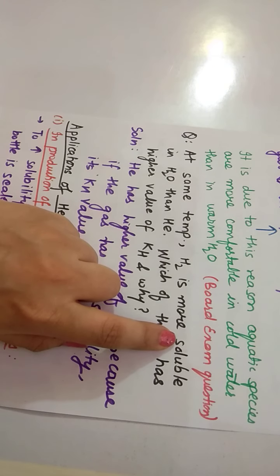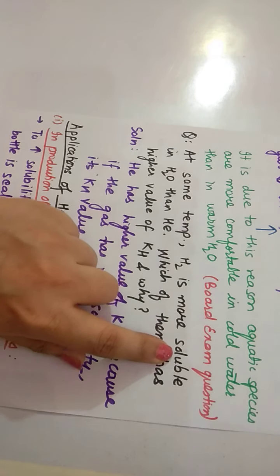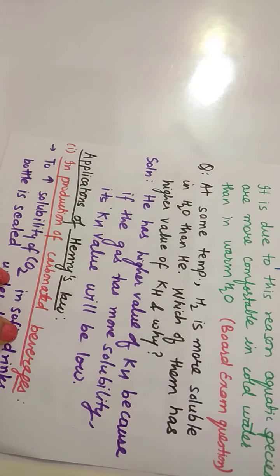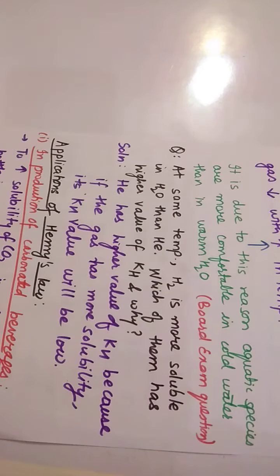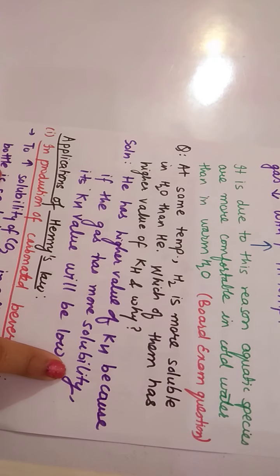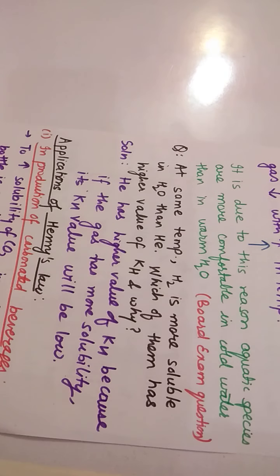Here H2 is given more soluble, it means less KH value. Helium is given less soluble, it means high KH value. So helium has higher value of KH because if the gas has more solubility, its KH value will be low.